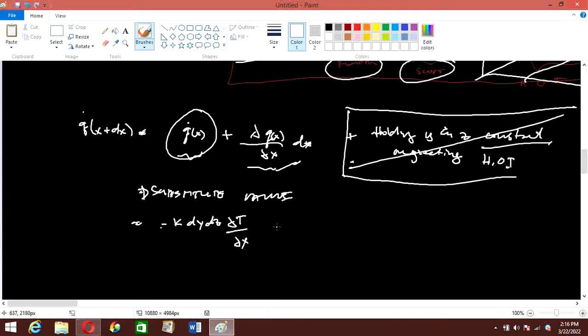And for this expression, we have plus, again, negative k a and the derivative of this q.